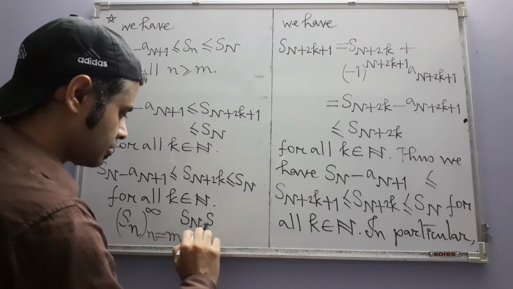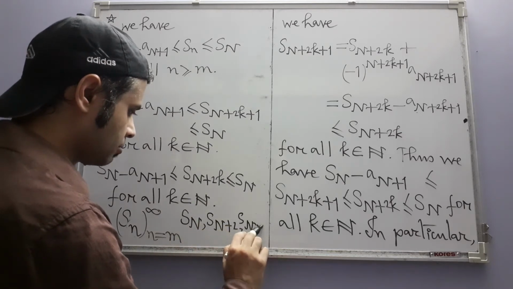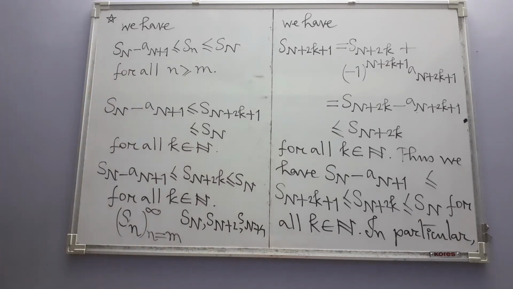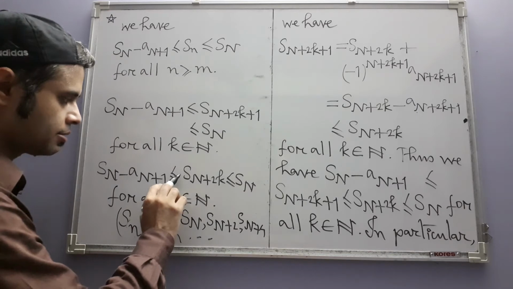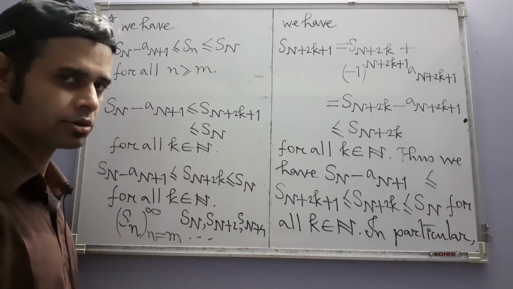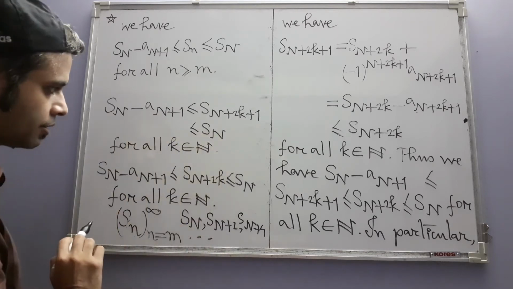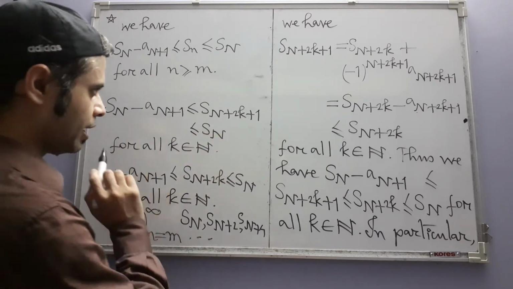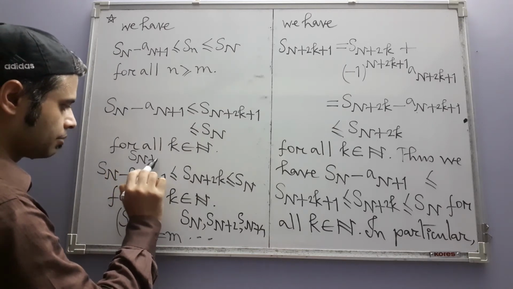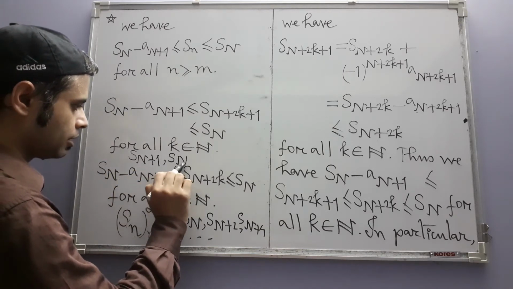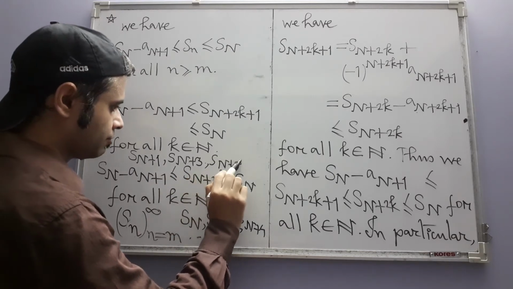Then we get S_{n+2}, S_{n+4}, etc. Okay, and it goes on and on. As k increases, so does S_{n+2k} correspondingly. Whereas in this first set of inequalities, if we similarly vary k, then the terms we cover are S_{n+1}, S_{n+3}, S_{n+5}, and so on.